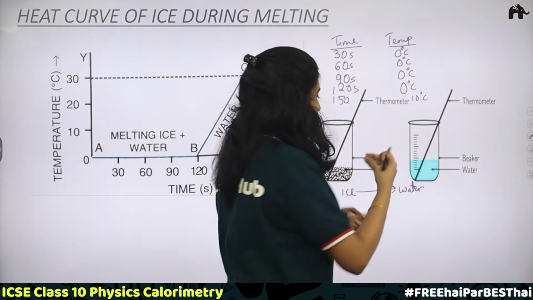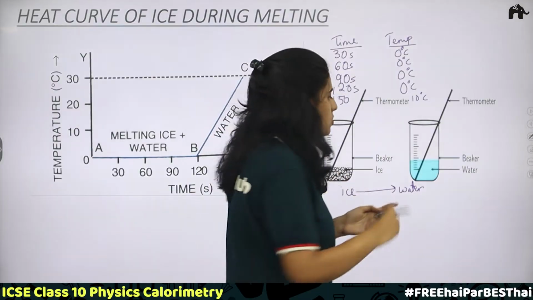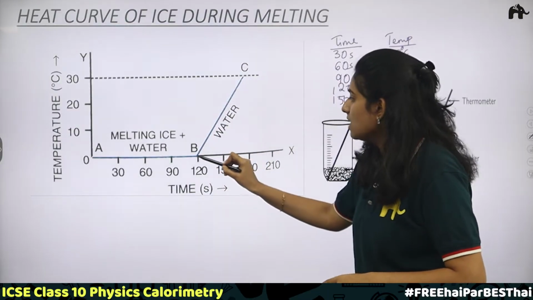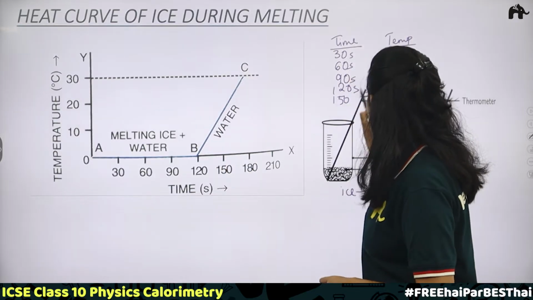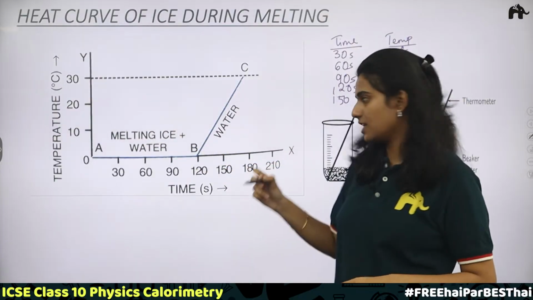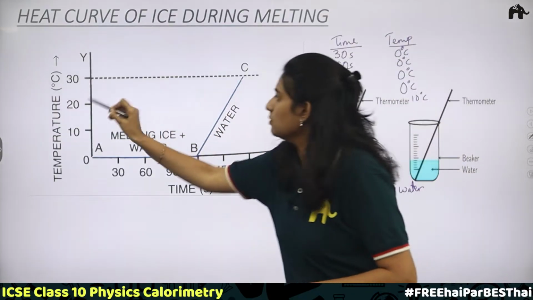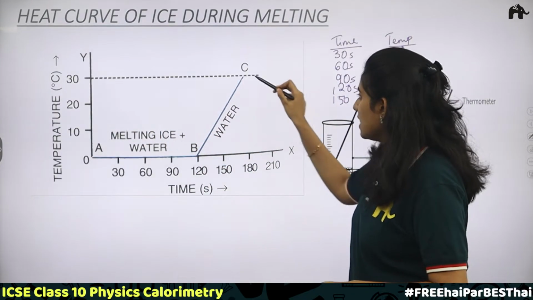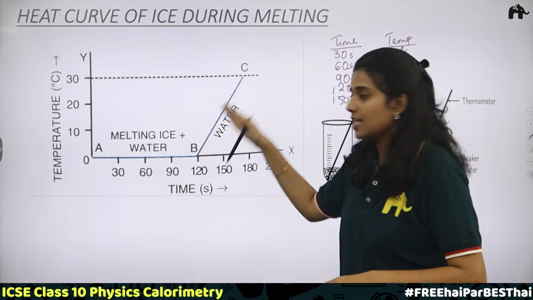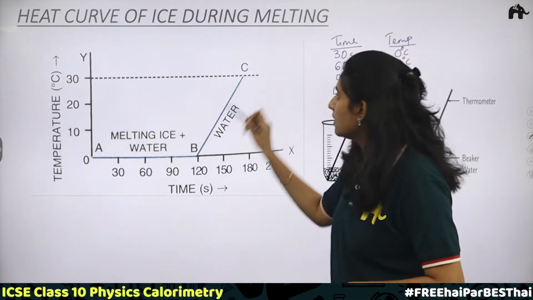The heat energy which is being provided will be used to raise the temperature. So this is what is happening. So here, at 120, the temperature is 0 degrees Celsius. But when it becomes 150, it has changed to some 10 degrees Celsius. At 180, it has changed to some 20 degrees Celsius. At 210, it has changed to 30 degrees Celsius. So here, the temperature is changing. So here you have two parts of the graph.